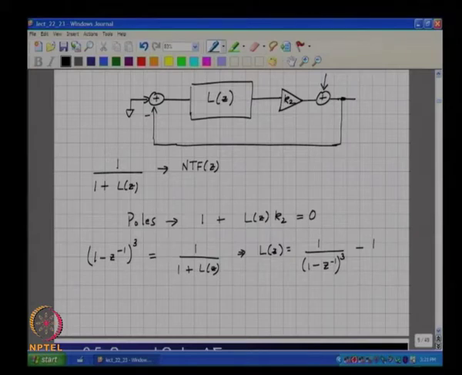Given that I know L of Z, I can find the roots as K2 is changing from 1 to 0. K2 equal to 1 corresponds to what?